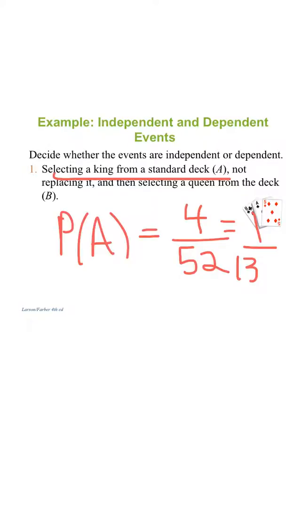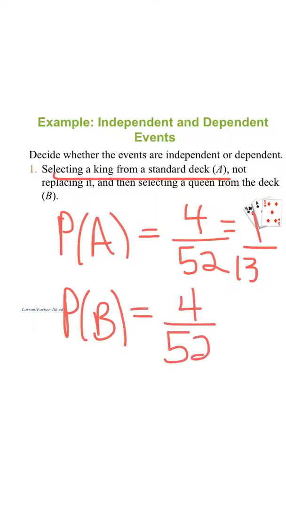The probability of selecting a queen from the deck, event B, is also 4 out of 52 because there are 4 queens in a standard deck. This also reduces to 1 out of 13.